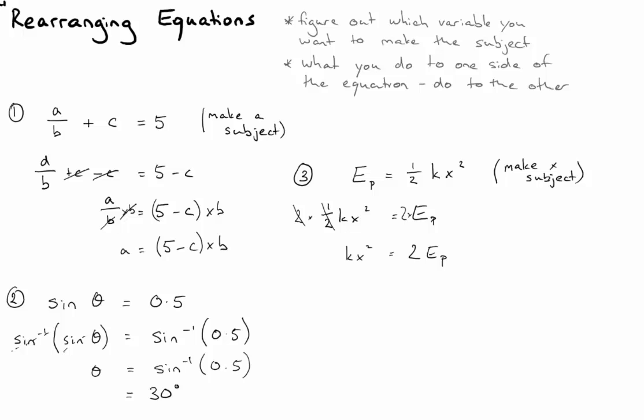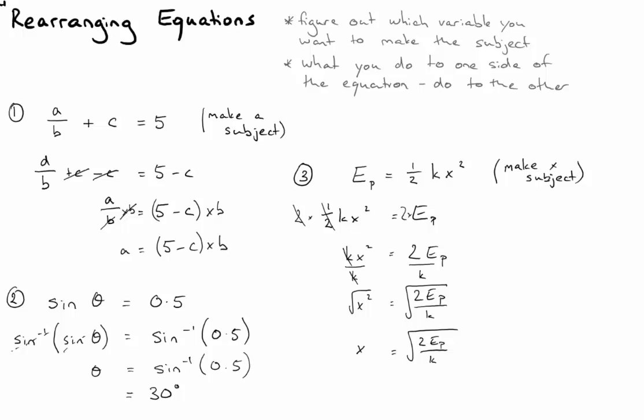I want to get the x on its own, so if I divide both sides by k, those k's cancel, so we'll be left with x squared equals 2Ep on k. I need to get the x on its own, so if I take the square root of both sides, the square root cancels out the square, so I'd be left with x equals the square root of 2 potential energy divided by the spring constant. And there we go.